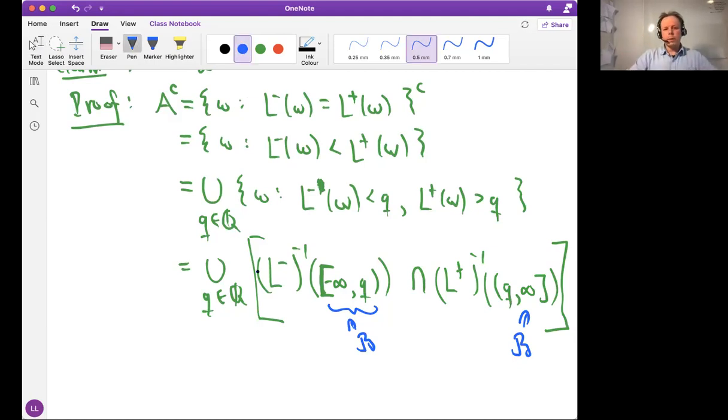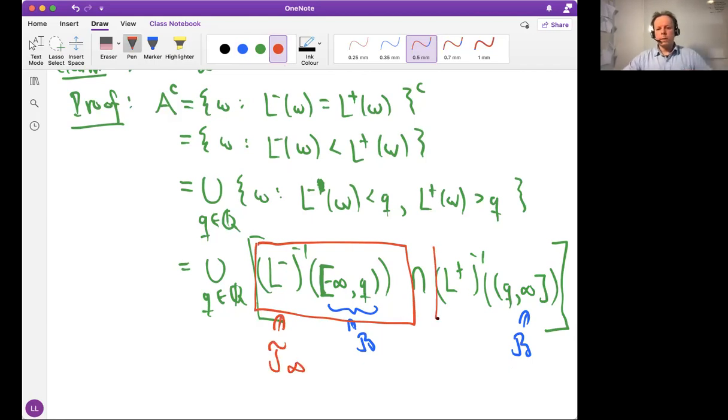So the pre-image of a Borel set under a measurable map is in the tail sigma algebra. And so is this, because we have proved that these are measurable. A measurable set intersected with a measurable set is measurable.